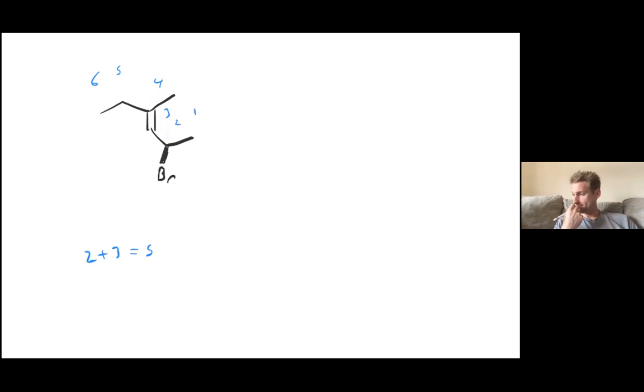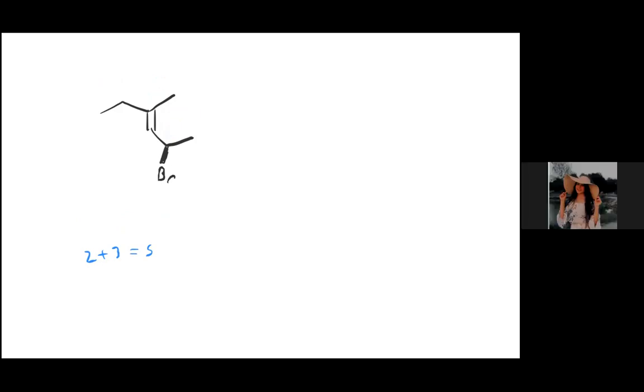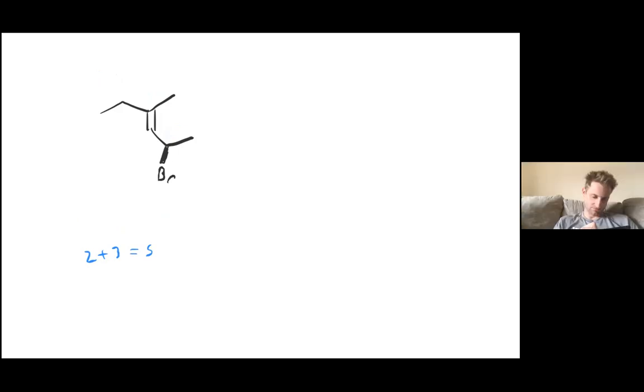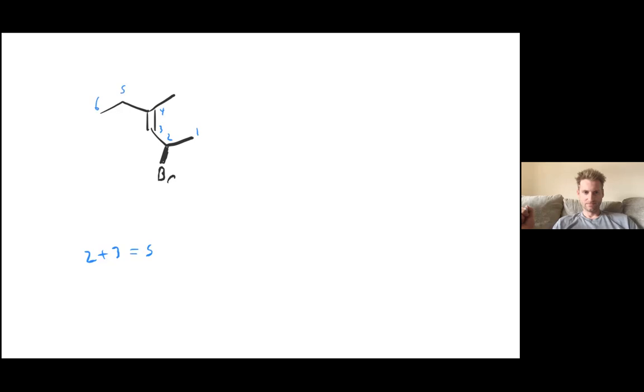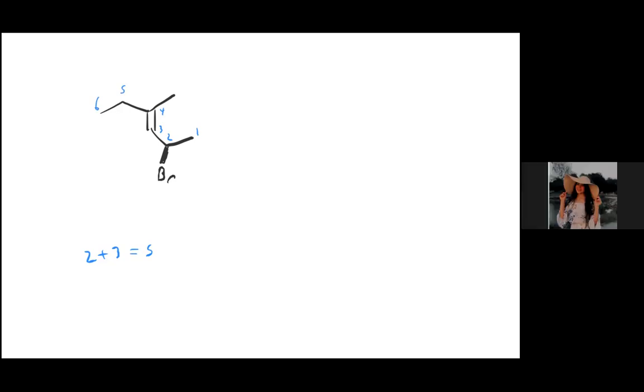So we've got, I'm going to draw these a little closer. Where the double bond is, why isn't there a number? I think I just drew it a little off. That fixed it? Yes. Okay.